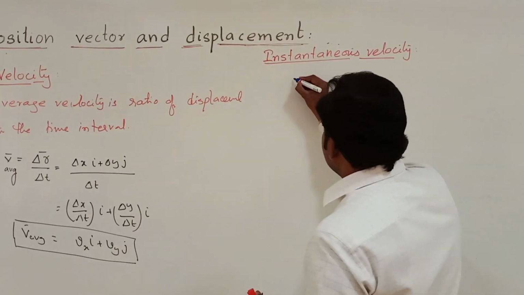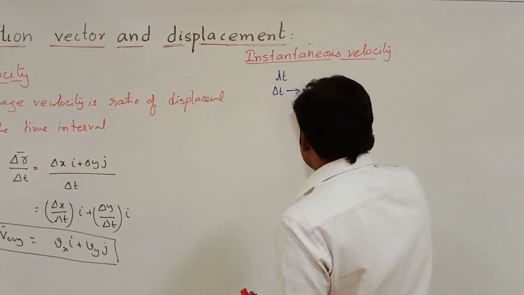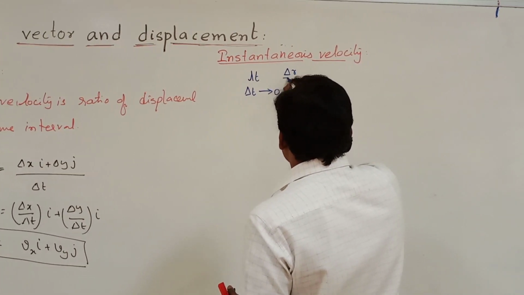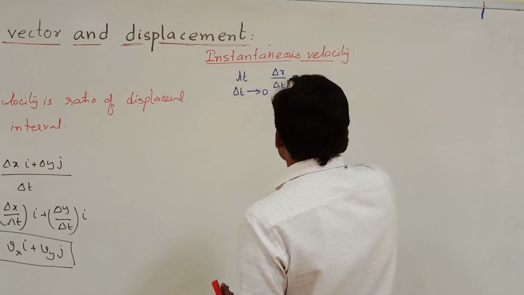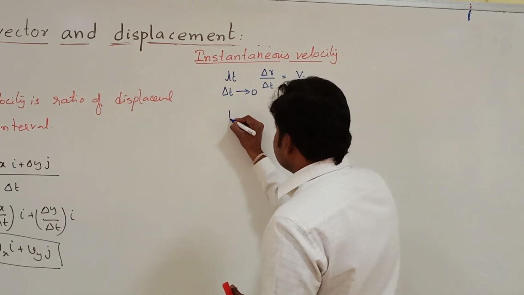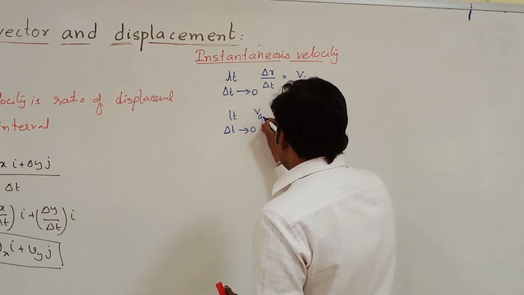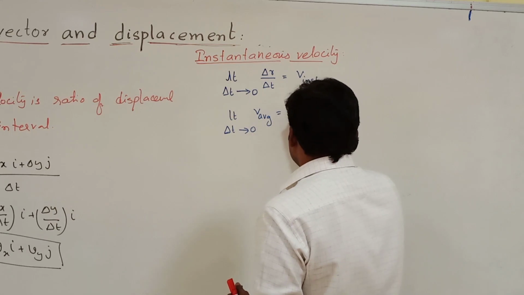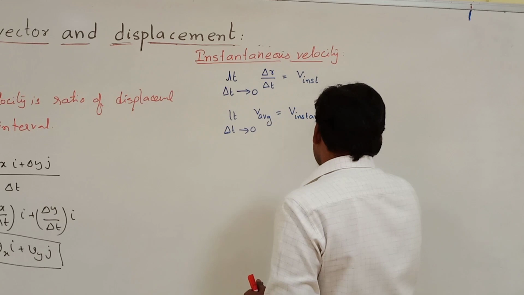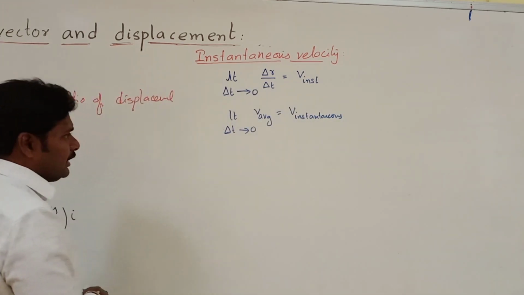In the limit where the time interval delta t tends to 0, delta r by delta t is called the instantaneous velocity v. That means the limit as delta t approaches 0 of the average velocity is equal to the instantaneous velocity. So let's see it with a simple diagram.